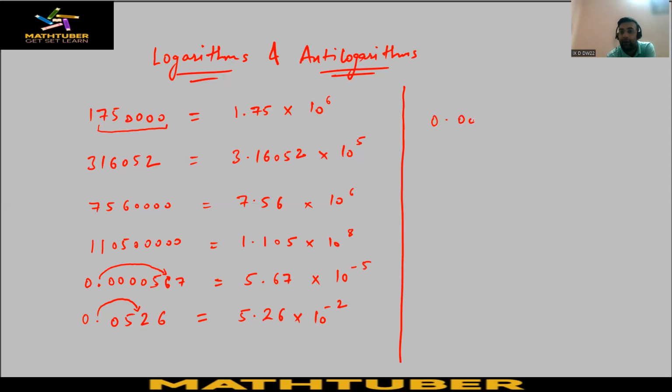And if you have 0.000897, so 8.97 into 10 raised to power minus of, we have to shift it from here to here, so it will be minus 4, because there are 4 places between the decimal, right? So this is how we have to convert a larger number and a smaller number into the standard form. And based on this standard form, we are going to see the logarithmic table.